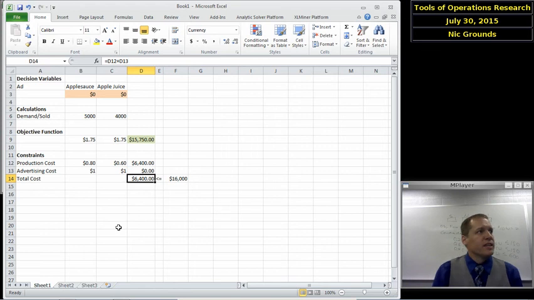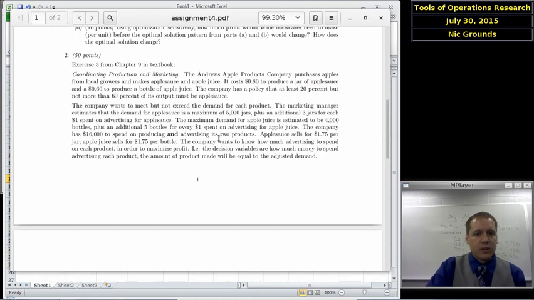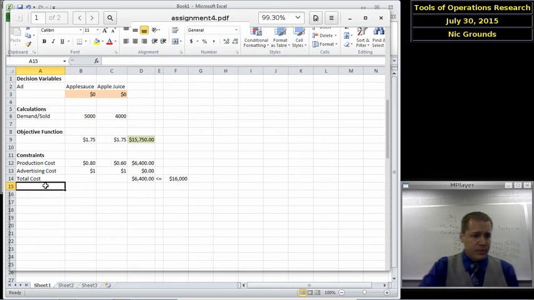The other constraint is the blending constraint, which says we can make no less than 20% but no more than 60% of our product in applesauce. So no less than 20, no more than 60. Again, there's a number of ways you can do this.